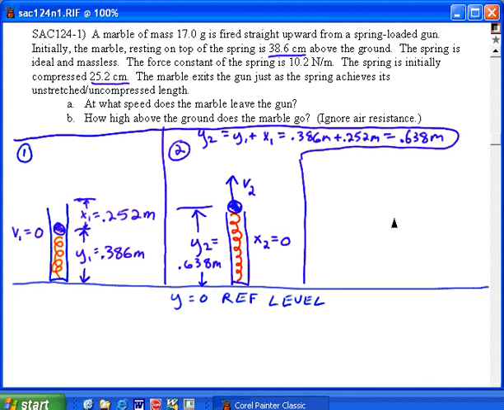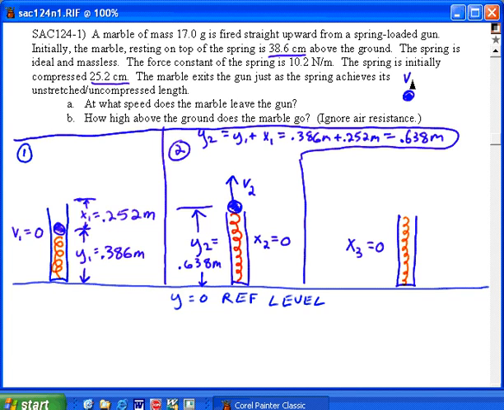Then in picture number 3, the ball has gone to its maximum height. I want to know how high it goes. That's another way of saying what's the maximum height achieved by the marble. Again, the spring is not touching the marble, so we don't really care whether it's stretched or compressed, but we'll list it as having a compression of 0. The marble we'll put up here at its maximum height with 0 velocity.